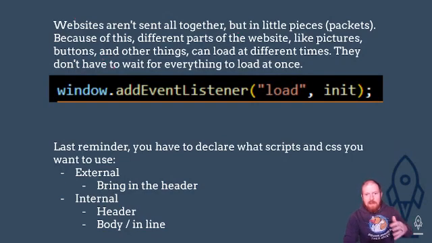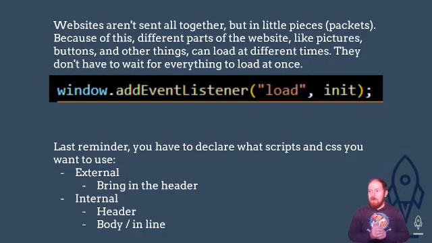Okay, so this is what I put in there. Websites aren't, and I told you this earlier, websites aren't sent all together. They're put in packets, and they're sent in packets, and your browser loads them as soon as it knows enough information to load. And so because of this, different parts of the website, like pictures, buttons, other things, can load at different times. They don't have to wait for everything to load at once.